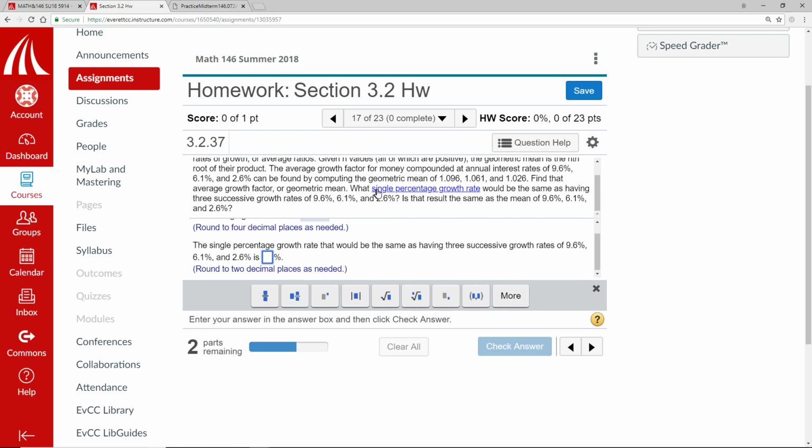What single percentage growth rate would be the same as having three successive growth rates? Is that result the same as the mean of 9.6, 6.1, and 2.6? Well, this part looks like part C, or another part, so we're not even there yet. This is the single percentage growth rate that would be the same as having three successive growth rates of 9.6, 6.1, and 2.6 is blank.